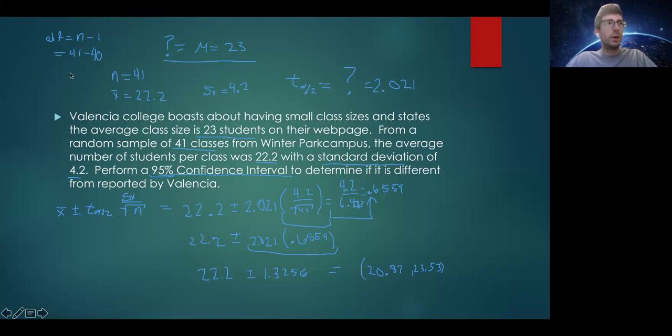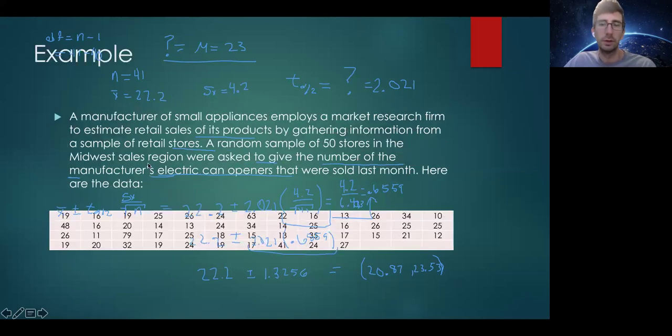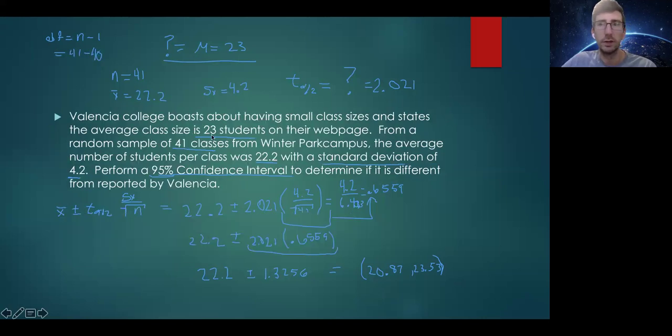So what do we say? We say we are 95% confident that the true population mean of Valencia's class size is between 20.87 and 23.53 students. The question wants us to determine if it is different than what is reported by Valencia. Does our confidence interval support what Valencia stated, or does it contradict it?